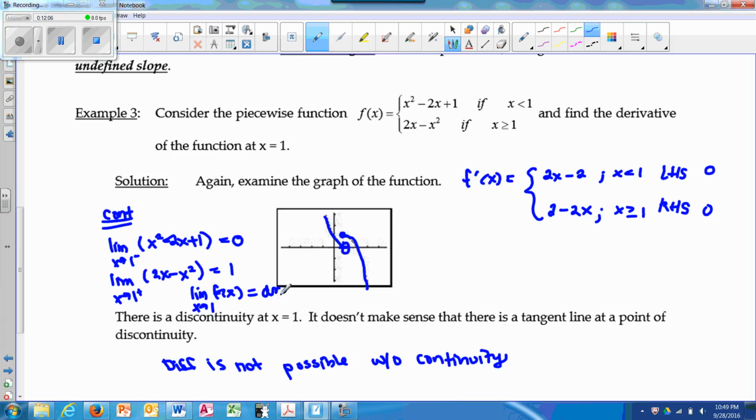That means that the two-sided limit as x approaches 1 of f of x does not exist. Therefore, f of x is not continuous at x equals 1. Therefore, f of x cannot be differentiable at x equals 1.